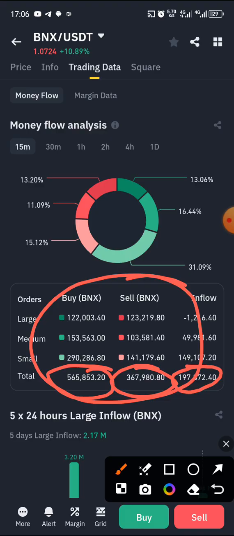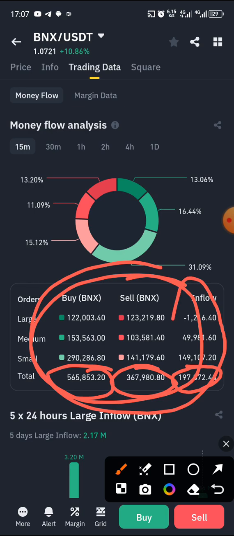But no one controls the crypto market space. Anything can happen at any time. So even though you are seeing that the inflow is greater than the outflow, meaning the coin is going to go up still, look for other sources of information, whether to buy it or not.